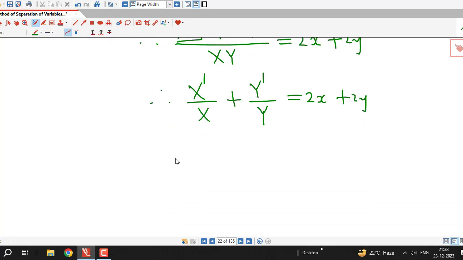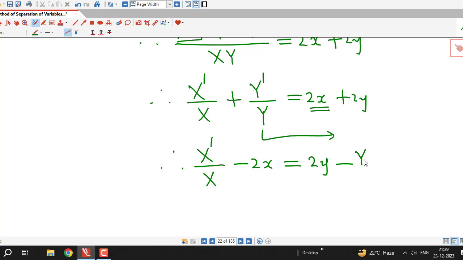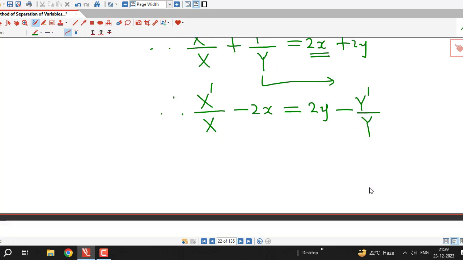And we are trying to separate the functions of x and y. So we transfer this function to the left hand side, that is X dash by X minus 2x equal to 2y, and we transfer this to the right hand side, 2y minus Y dash divided by Y.